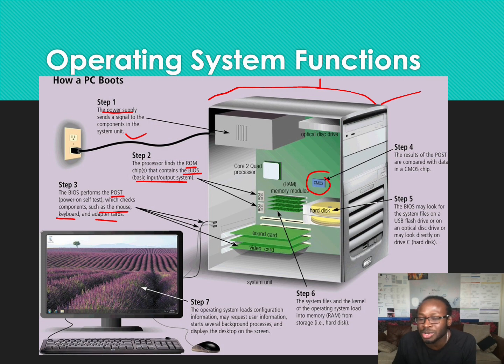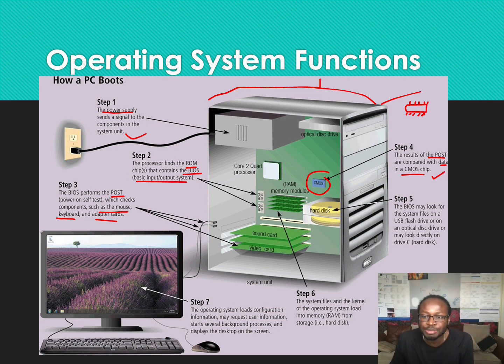CMOS is just a chip, think of it as a special microchip. You've seen these spider-looking things, right? They're mostly black-colored chips. So it compares the results of the POST, the power-on self-test, with the data in the chip to make sure everything is okay to progress.